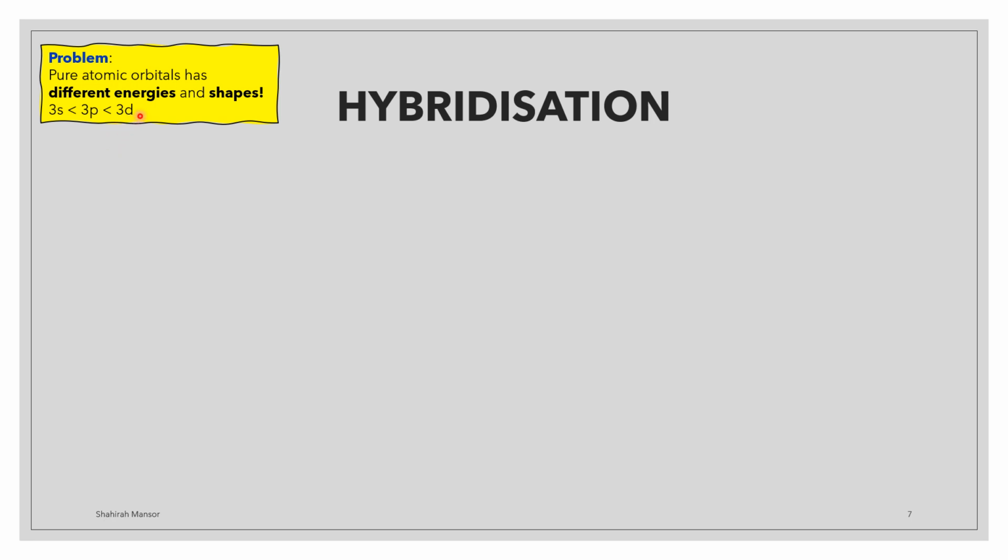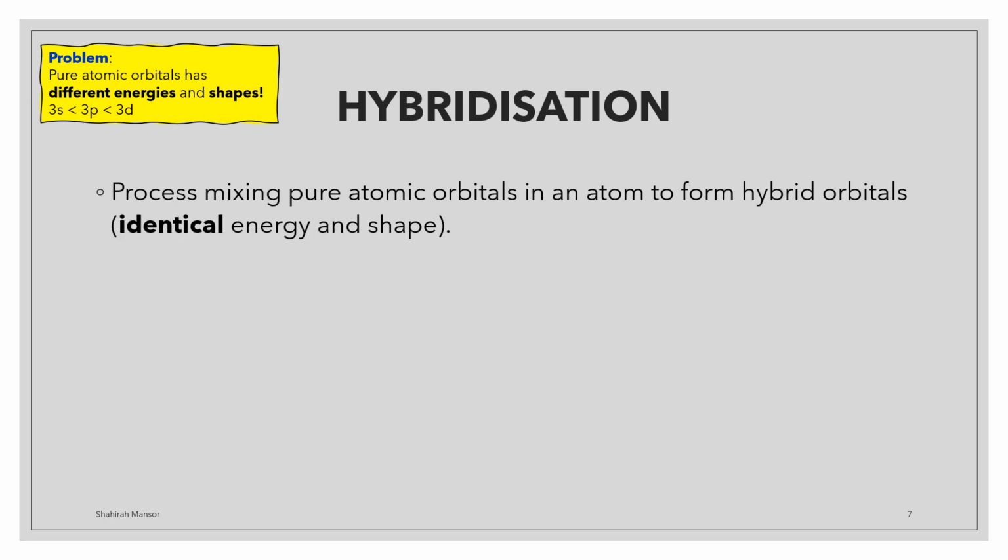So to solve the problem, maka kita akan proceed dahulu dengan hybridization. Konsep hybridization ini kita akan lakukan pada central atom di dalam sesuatu molekul sahaja. So let's see, what is hybridization? Hybridization is a process of mixing, mencampurkan pure atomic orbitals in an atom to form hybrid orbitals.